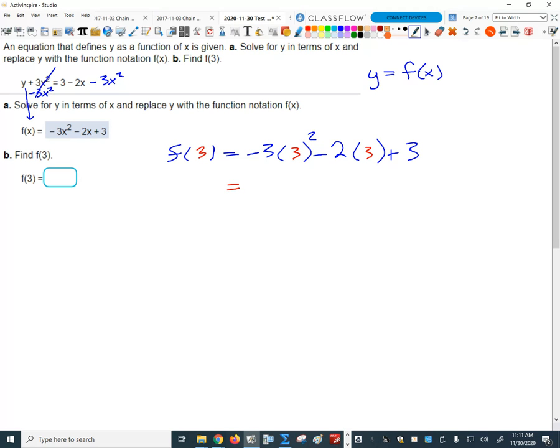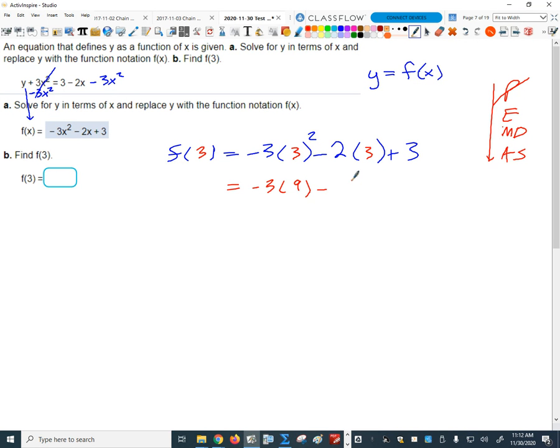So what's that going to give me? I've got to use order of operations here, right? I've got to do exponents first. If I follow PEMDAS, there are no parentheses. I can't do anything in the parentheses, but I got to deal with this exponent first. 3 squared is 9. And then after I've done the exponents, I can do my multiplication and division.